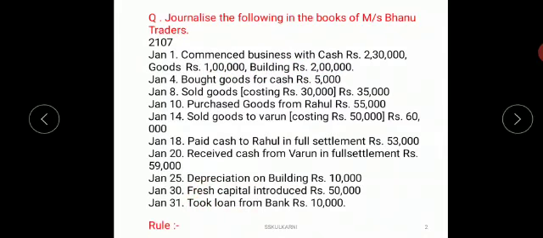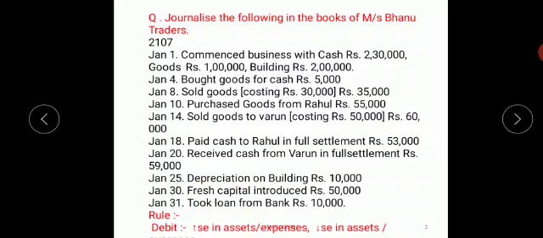So the rules are: debit, increase in assets or expenses, and credit, decrease in assets or expenses. Similarly, debit, decrease in capital or liabilities, and credit, increase in capital, liability or incomes.